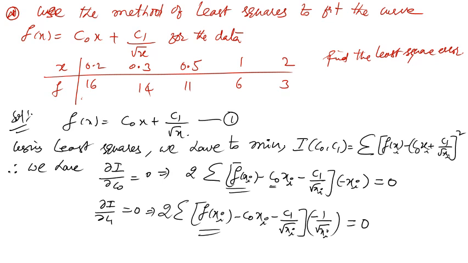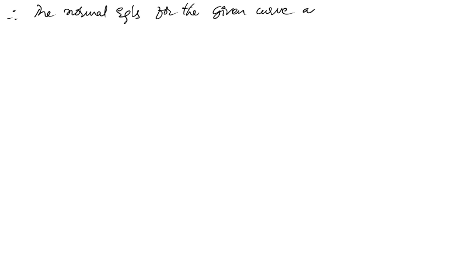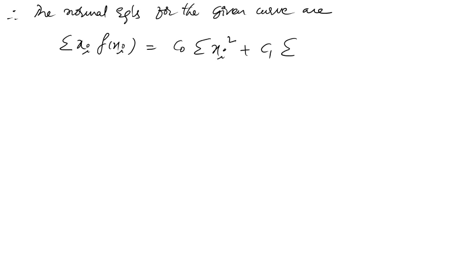After simplification, keep the fi terms onto the left side and, after multiplication, take all other terms onto the right side. Therefore, the normal equations for the given curve are: first one, summation xi into f of xi equals c naught into summation xi square plus c1 into summation root xi.